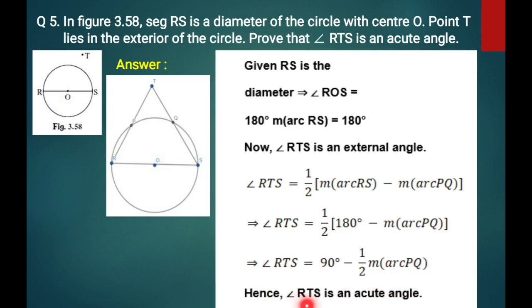Hence angle RTS is an acute angle. That means when we subtract something from 90 degrees, angle RTS is less than 90 degrees, so angle RTS is an acute angle.